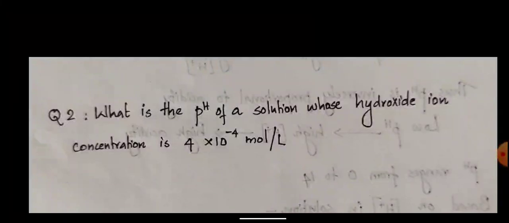In the previous class, we studied the ionic product of water: concentration of H plus ion into concentration of OH minus equals 10 to the power minus 14. So from it, it is clear that the pH plus pOH equals 14.